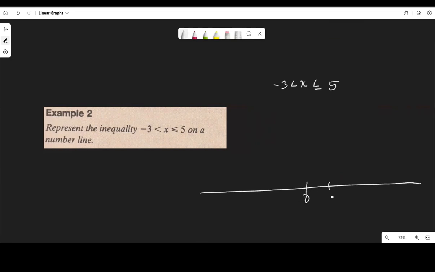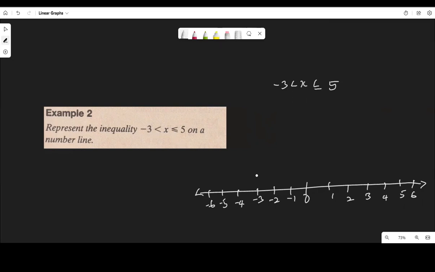Let's assume this is 0, 1, 2, 3, 4, 5, 6. The line continues -1, -2, -3, -4, -5, -6. It also continues.